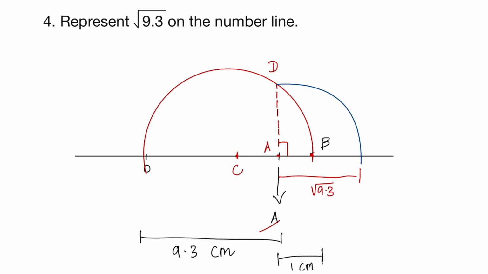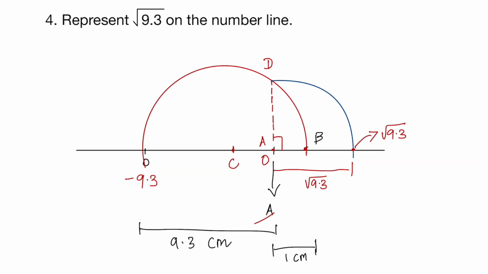So if you have to construct it as a number line, this A should be your 0 and this point is your root of 9.3. That would be your number line, and this O that we initially marked would be minus 9.3. So this is how you represent root of 9.3 in a number line.